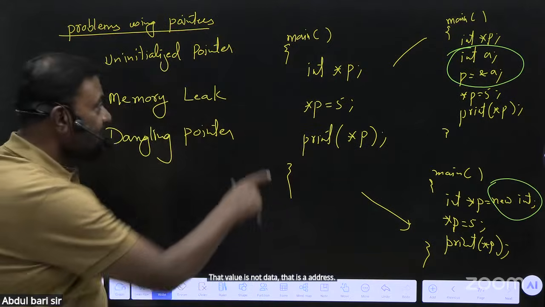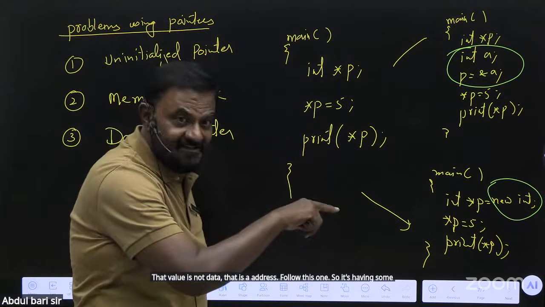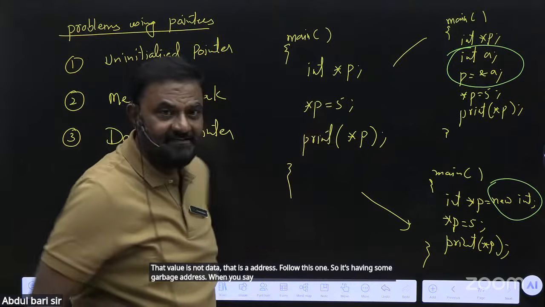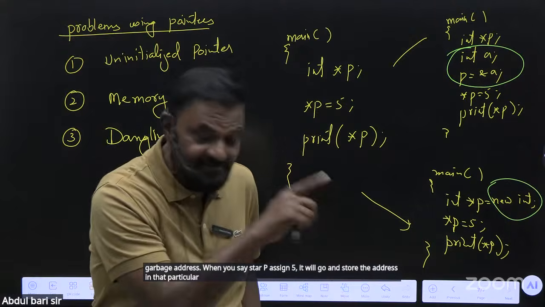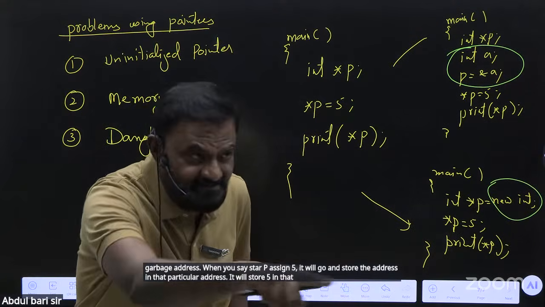Follow this one. So it's having some garbage address. When you say *p assign 5, it will go and store 5 in that particular address.